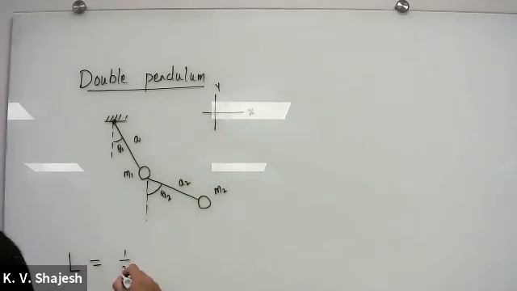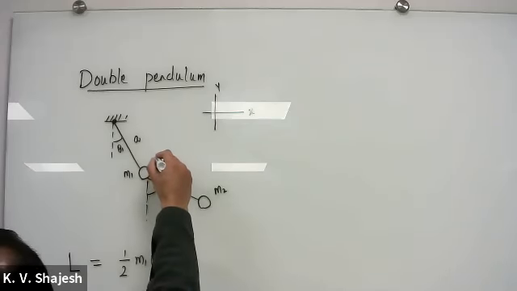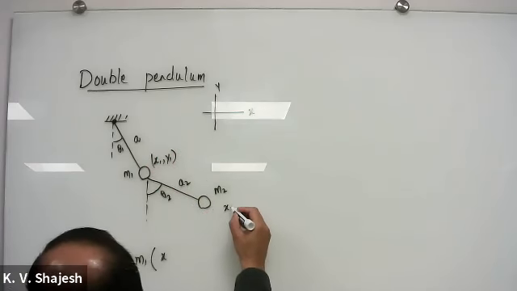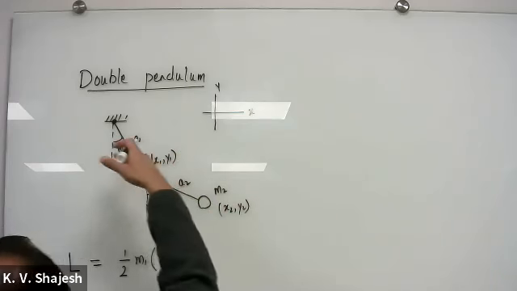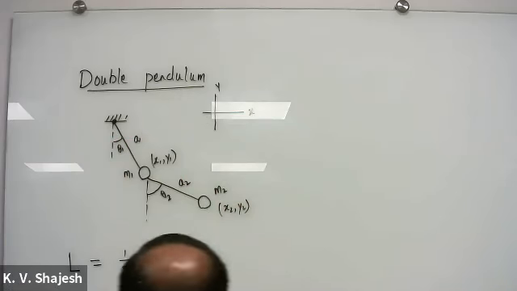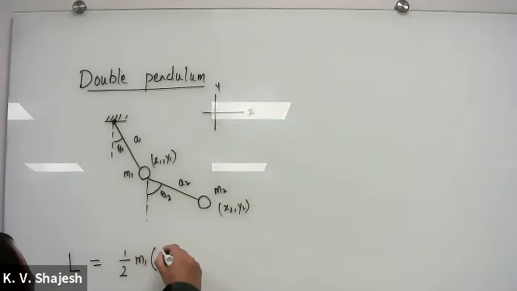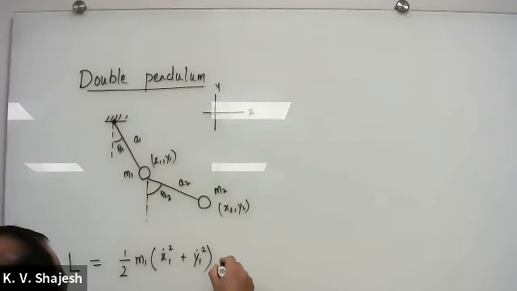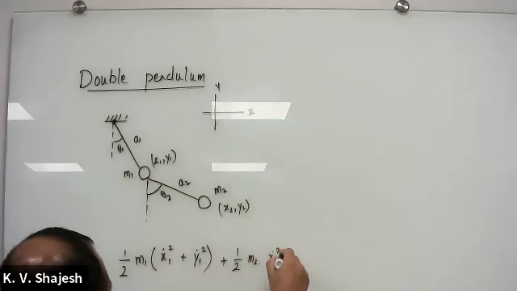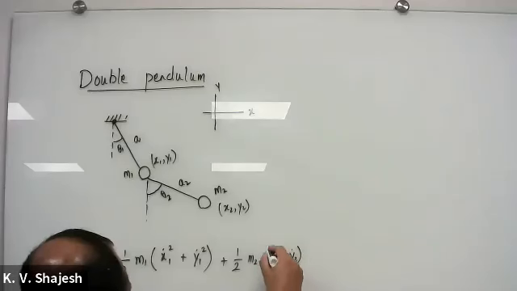But for now, it is half M1 V1 squared, where let's say this is X1, Y1, that's your coordinates there, and X2, Y2. So they're temporary X1 and X2. Eventually we probably want to write it in terms of theta 1 and theta 2. So that's half M1 (X1 dot squared plus Y1 dot squared) plus half M2 (X2 dot squared plus Y2 dot squared).